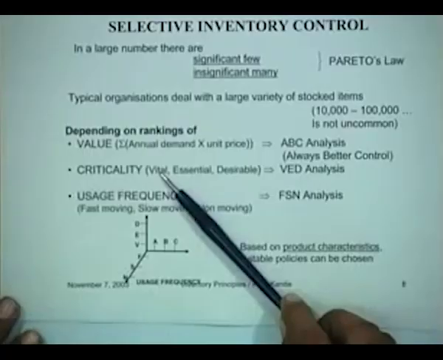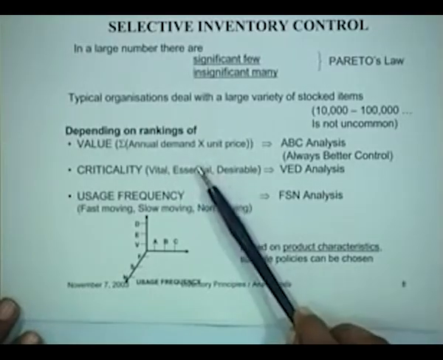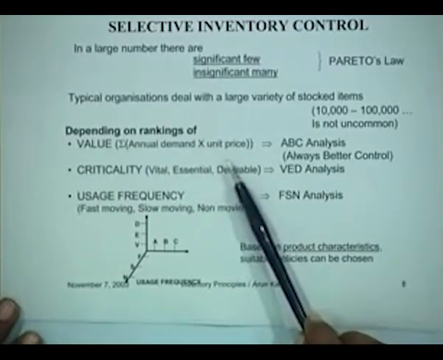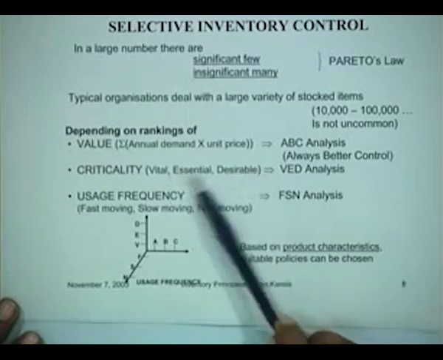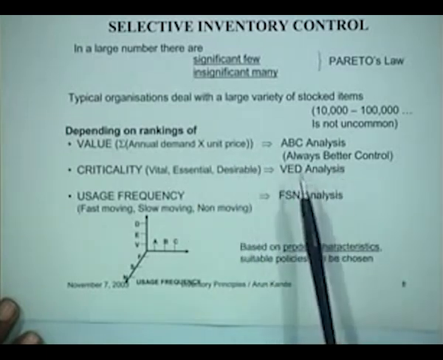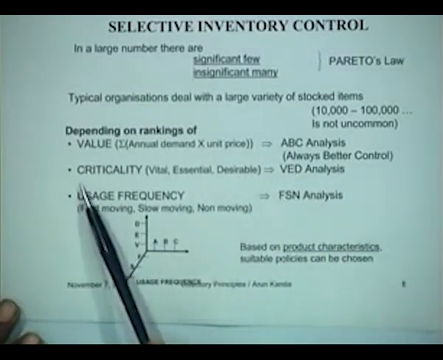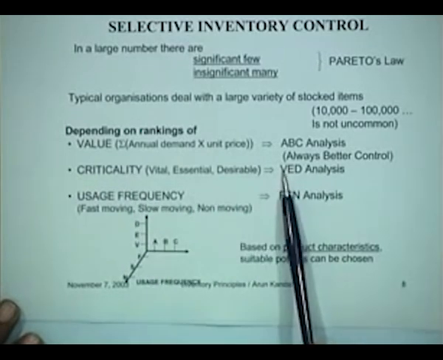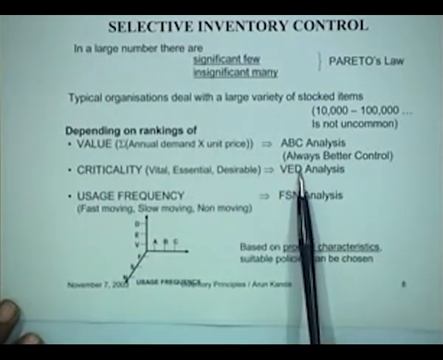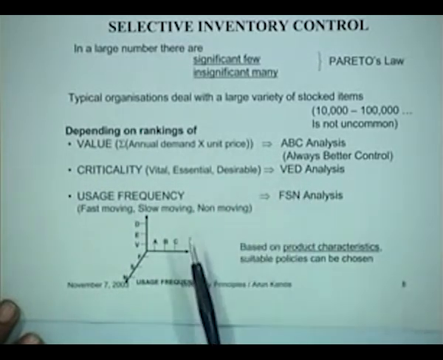It is not a very expensive item, but a vital item, because if it doesn't function properly, it could lead to a catastrophe as far as the product is concerned. Such items are called vital items. Then we have essential items, and then desirable items. So VED analysis is another way of looking at criticality: the most critical item, less critical item, and the least critical item.